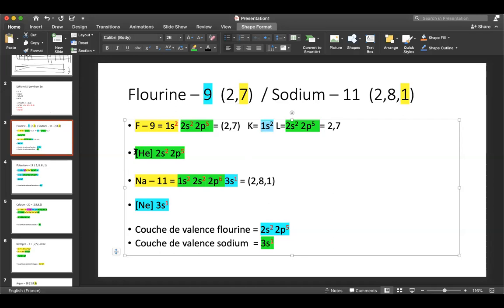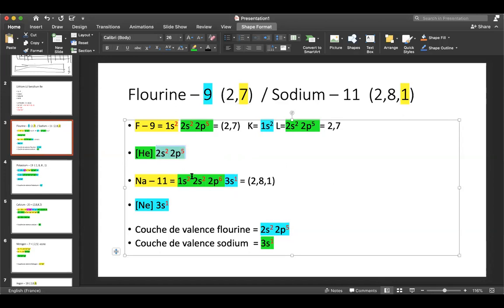This is why we have the helium in square brackets. And please, all the time you have the noble gas electron configuration, you put the noble gas in square brackets. Then you have helium, and you have this here, which is the couche de valence, which is our L.